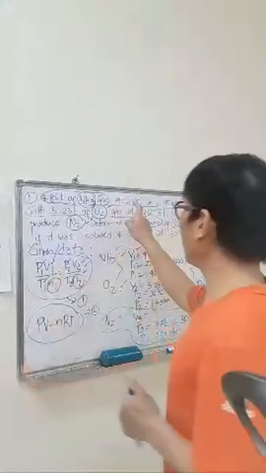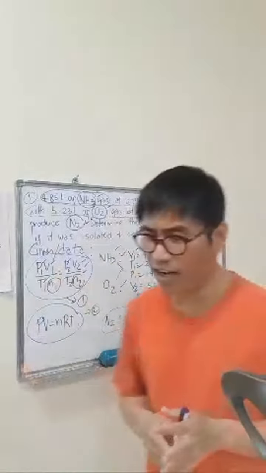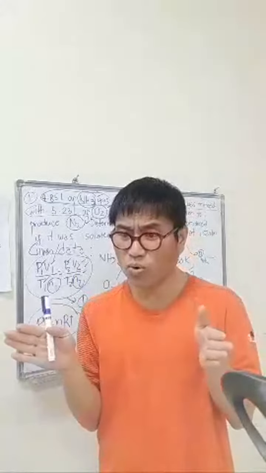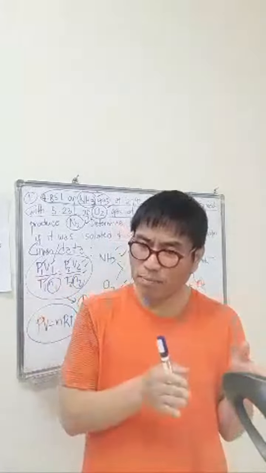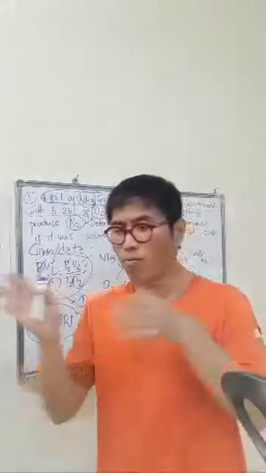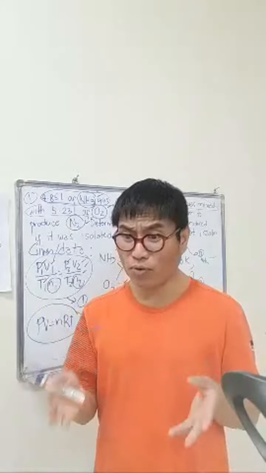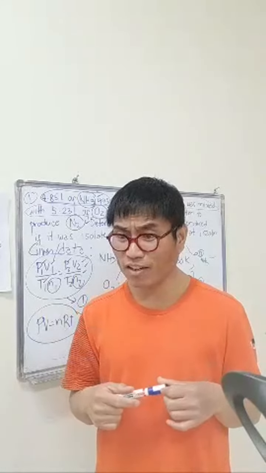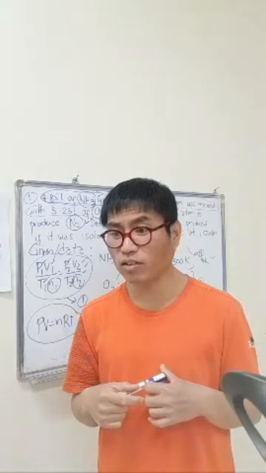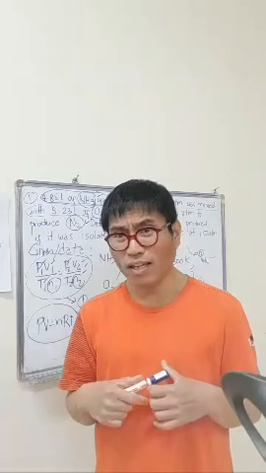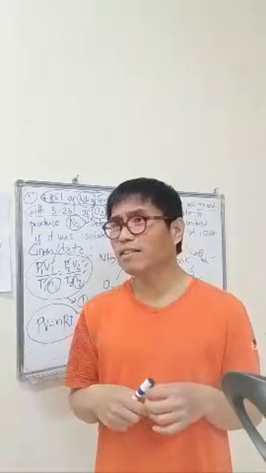If the reactants have a lot of data, normally the reactants are only two: element plus compound, compound plus compound, element plus element. It's unusual to have three reactants. Always remember that. As you can notice in chemical reactions, it's usually limited to two. Sometimes there are three, but it's not really practical.